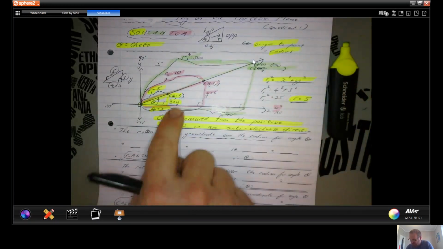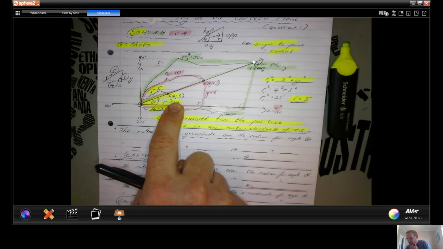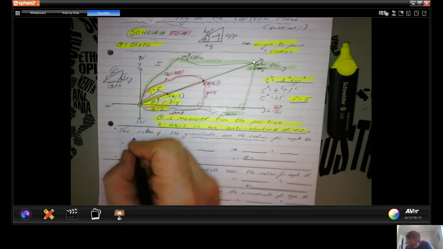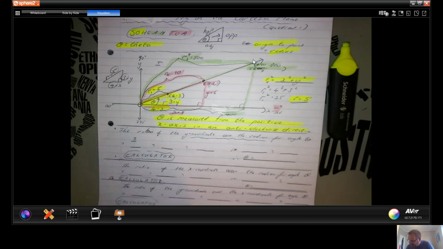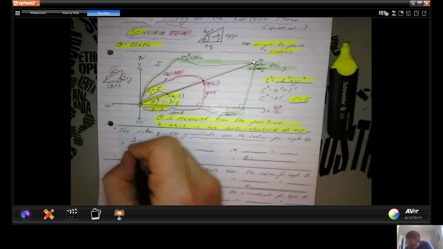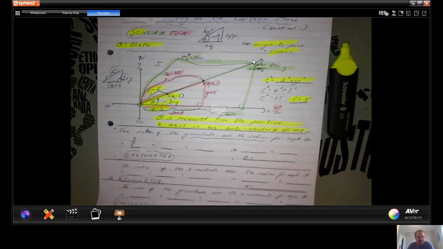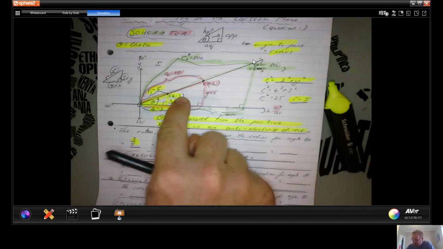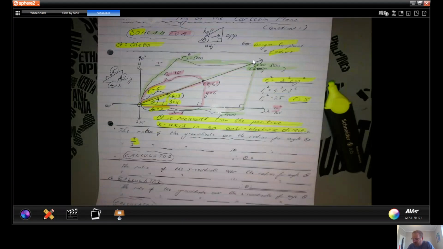If I take the yellow point, Jemana, what's the y-coordinate? The y-coordinate is 3, and the radius is 5. So for this angle theta, the ratio of the y-coordinate over the radius will be 3 over 5.